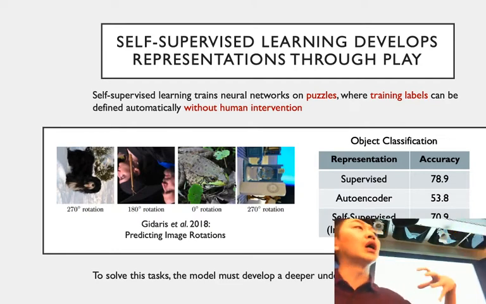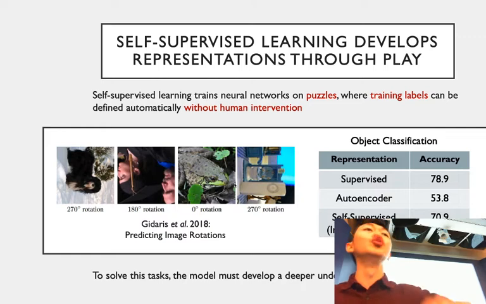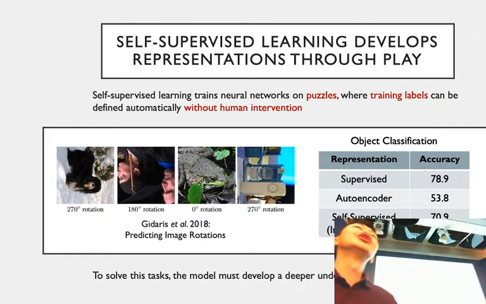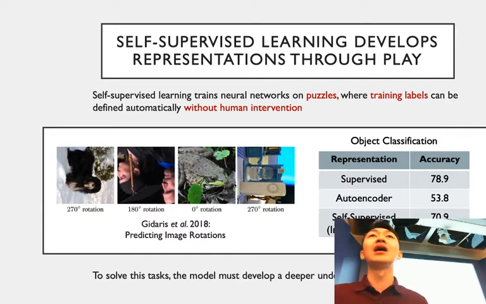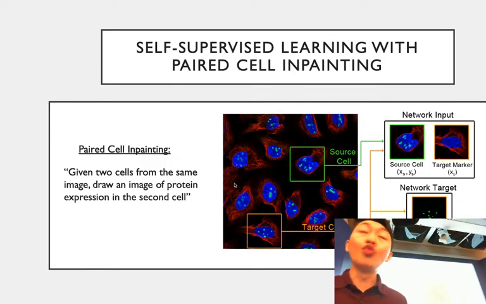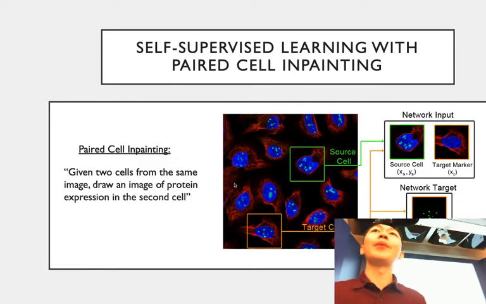But that requires an understanding of the natural world, right? You need to know what people are and how they're normally oriented. So the model has to develop this understanding to become really good at the task, and that's why it becomes good at detecting objects then. We were very inspired by that method, but we couldn't apply it out of the box. Microscopy images are rotation invariant, right?